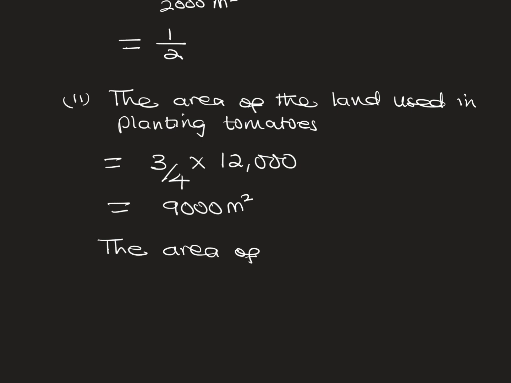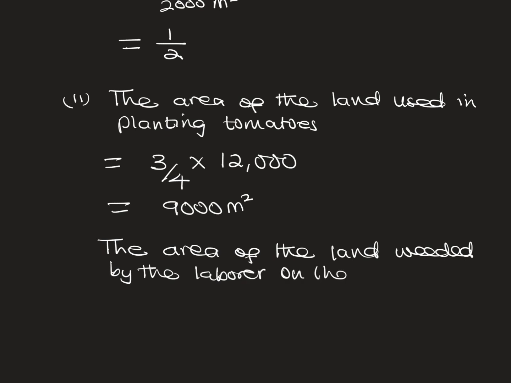Now, let's find the area of the land weeded by the laborer on the first day. That is going to be 1 over 6 times the area used for planting tomatoes, which was 9,000 meter squared.